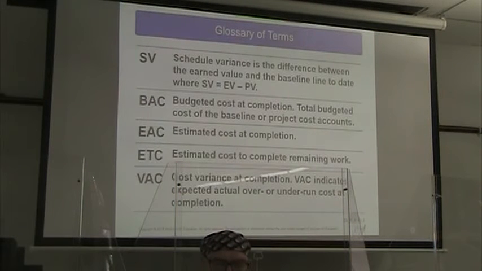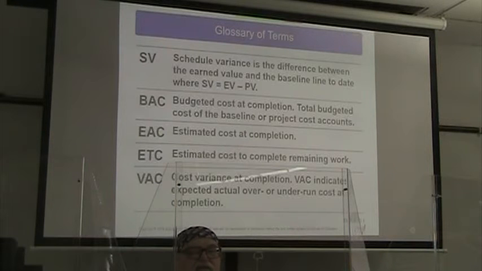Our schedule variance is the difference between the earned value and the baseline to date, where the schedule variance equals the earned value minus the planned value.